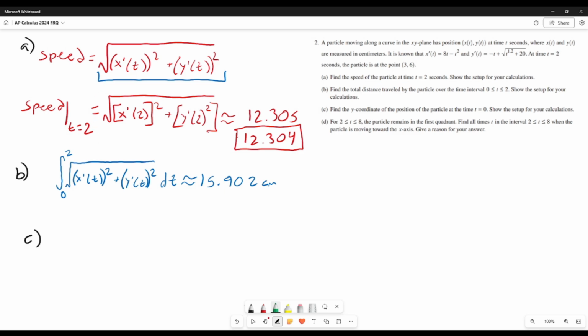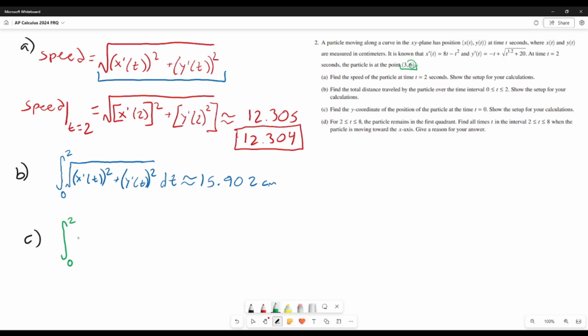All right, part C now says find the y-coordinate of the position of the particle at time t equals 0 and show the setup for your calculations. So we are given the y-coordinate at time t equals 2. Remember, right up here, it says that the y-coordinate is 6 at time t equals 2. So this is going to be a simple fundamental theorem question.